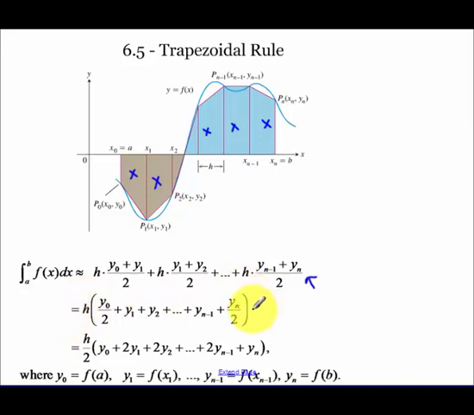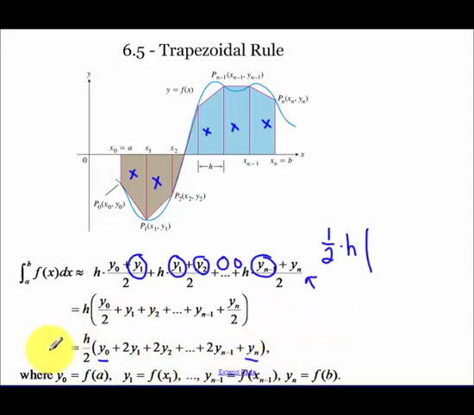And then what they did is they factored out a 1/2, because every equation is going to have a 1/2, every equation is going to have an h. We have two y1s, we would have two y2s, and all the way we would have two y sub n minus 1s. The only terms that we have one of are the y sub 0 and the y sub n.